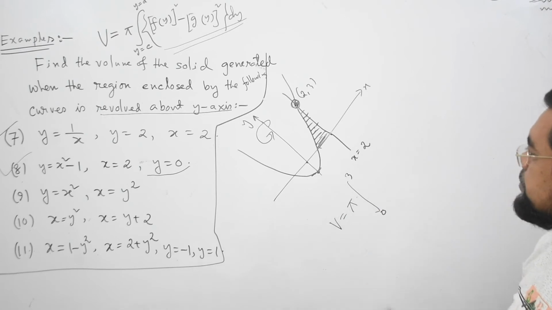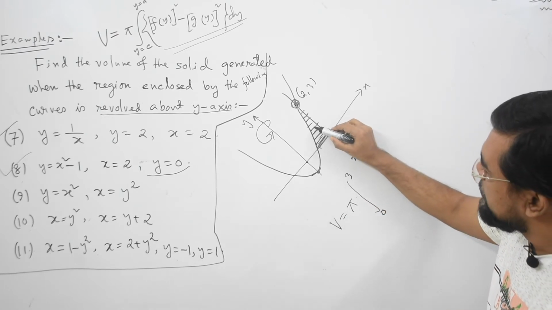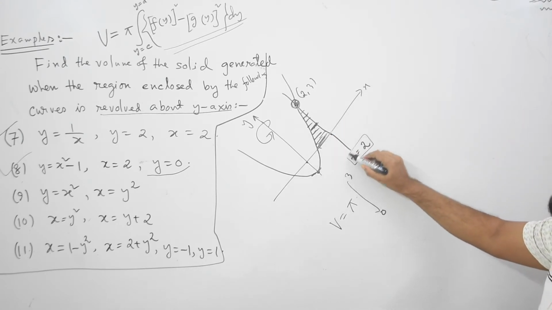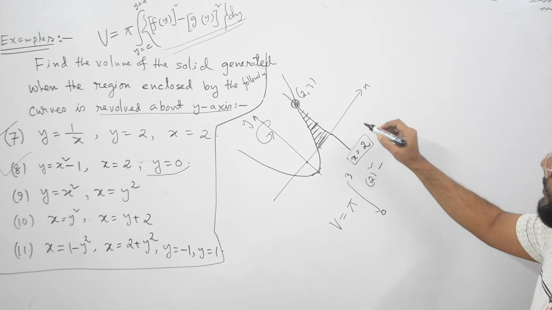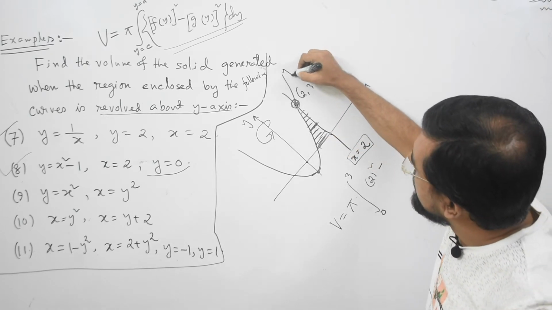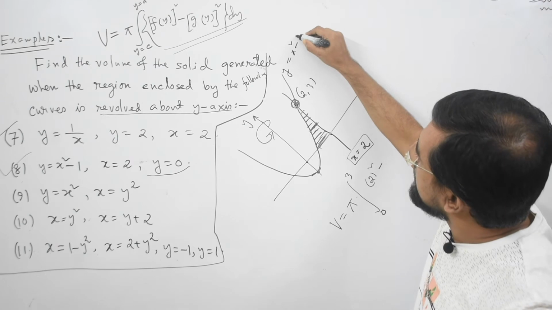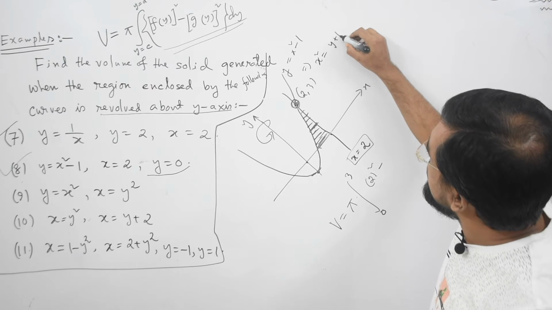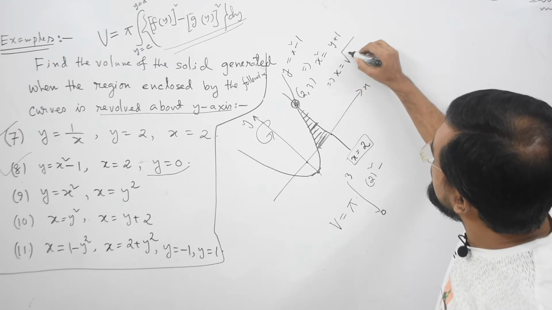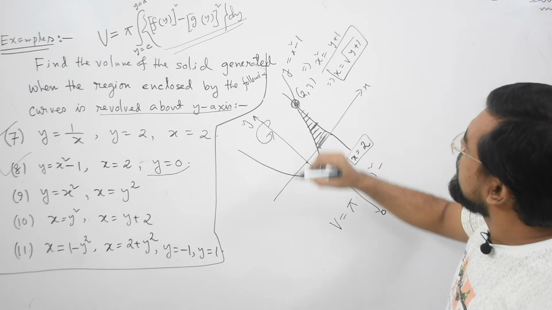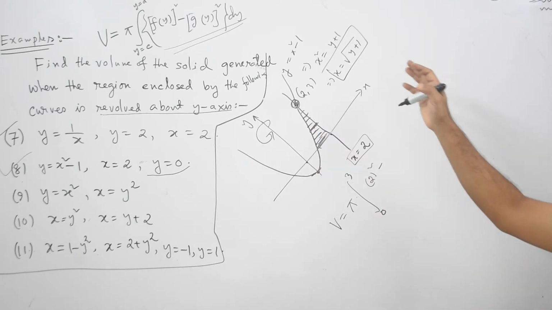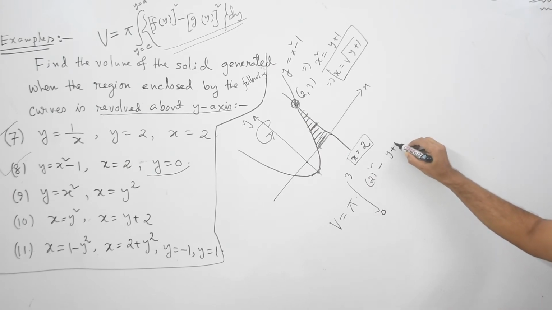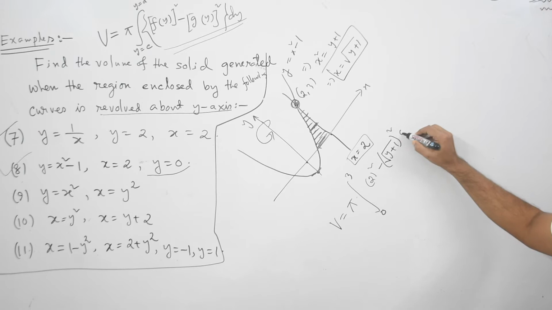If you take a cross section here, the curve right one is x equal to 2, so 2 squared minus the curve left one, which is y equal x squared minus 1. But you need to write it as x squared equal y plus 1, so x equal root of y plus 1. We take the positive root because we are on the positive side. So (root of y plus 1) whole squared dy.